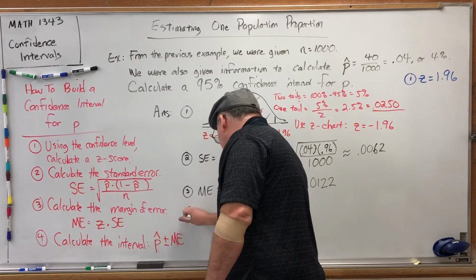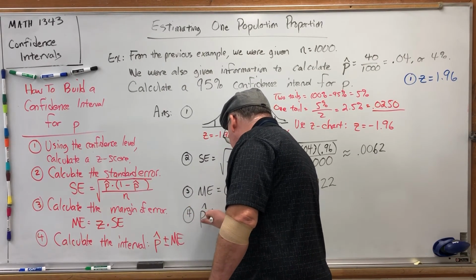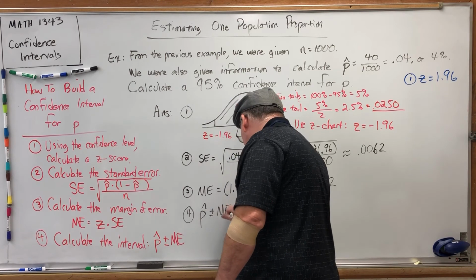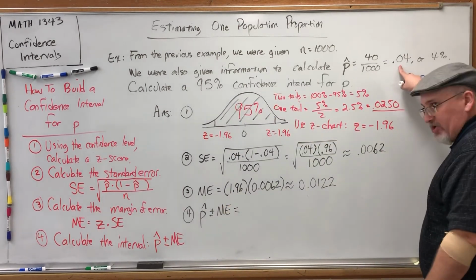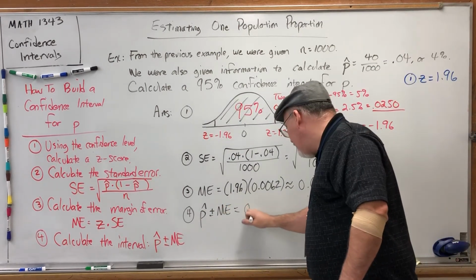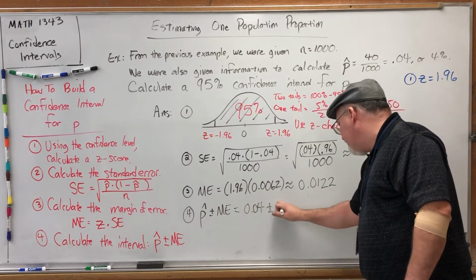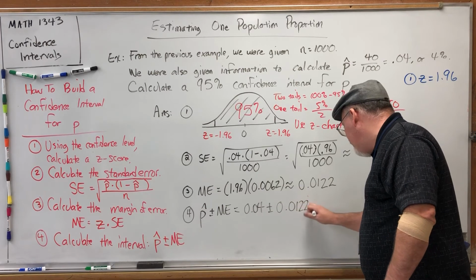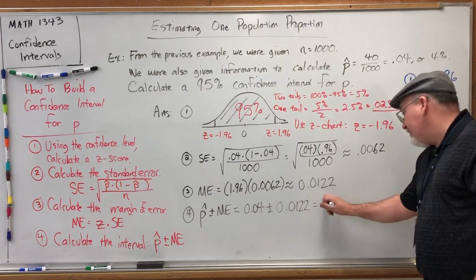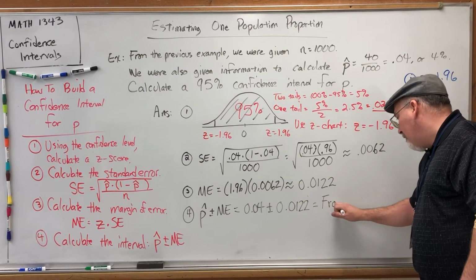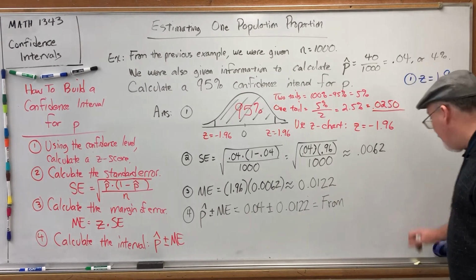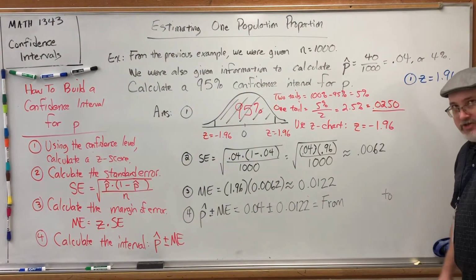So, p hat plus or minus the margin of error, our p hat was 0.04, plus or minus our margin of error, 0.0122, and I prefer writing the answer in the form from the answer to the subtraction problem to the answer to the addition problem.